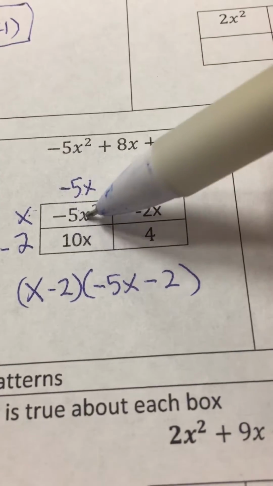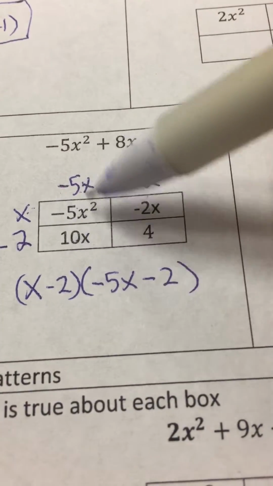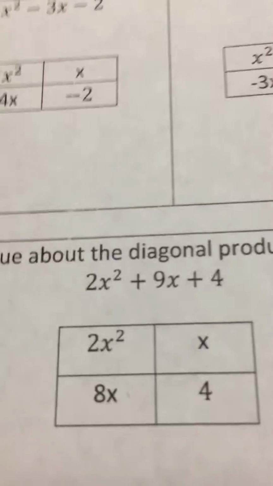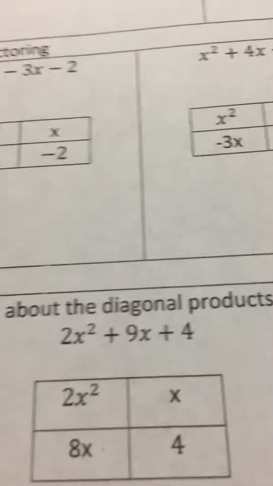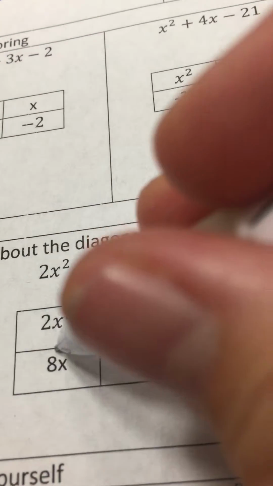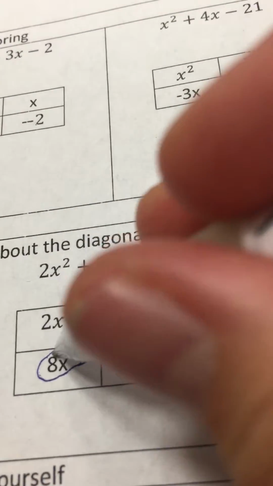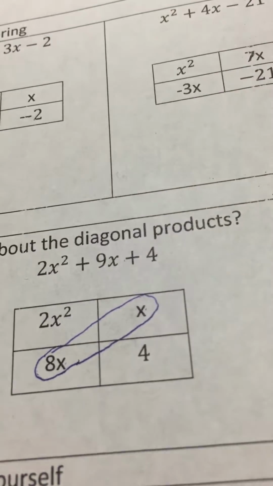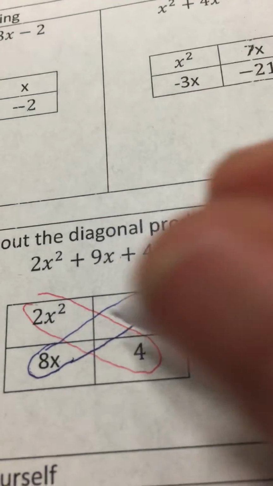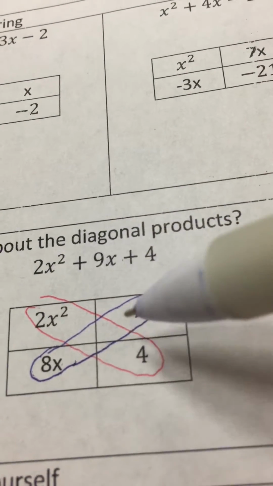And you can check it. It multiplies out to all these numbers on the inside. So if you look at a bunch of these that are set up correctly, one thing that you'll notice is that these diagonals, 8x and x, and the other diagonal, 2x squared and 4, will multiply out to be the same values.